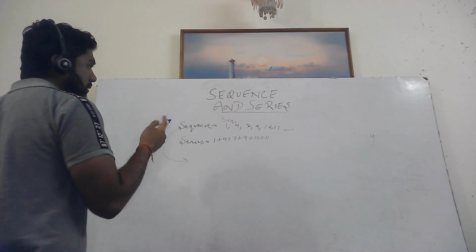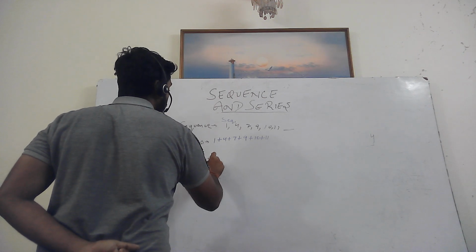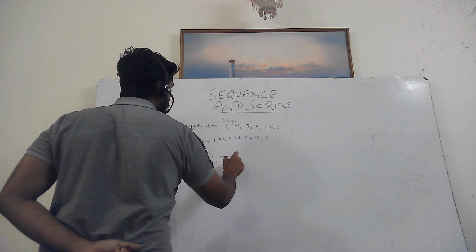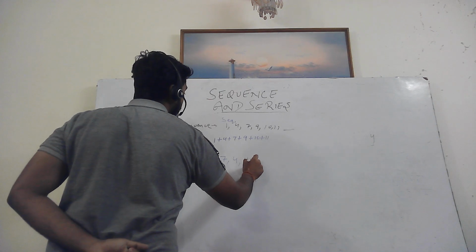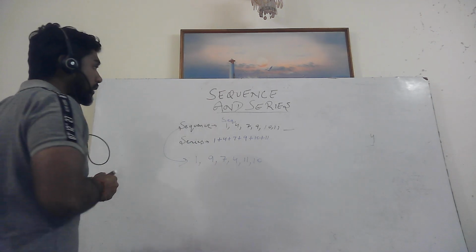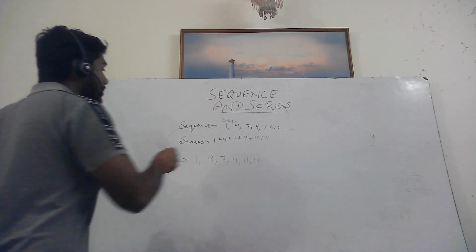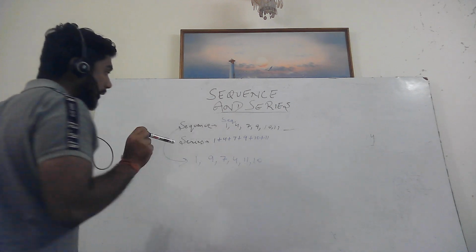I interchange some of the elements of sequence 1 and get, suppose, 1, 9, 7, 4, 11 and 10. So it is an altogether different sequence. Although both sequences are made up of the same numbers, sequence 2 is different because the order is different.